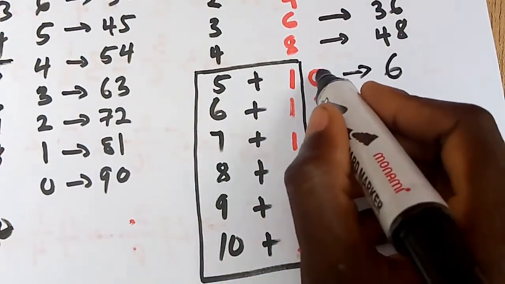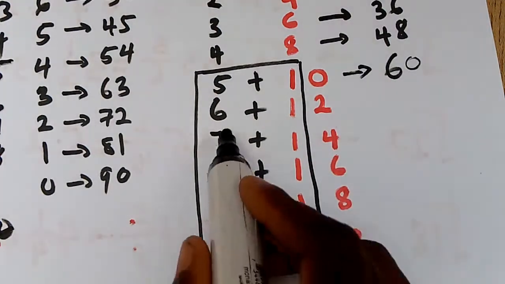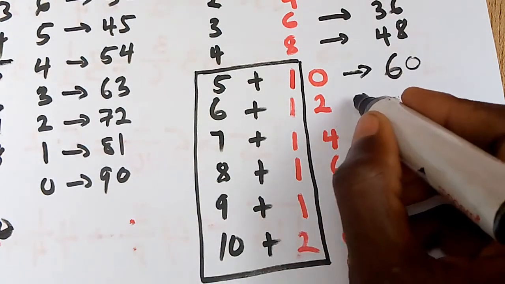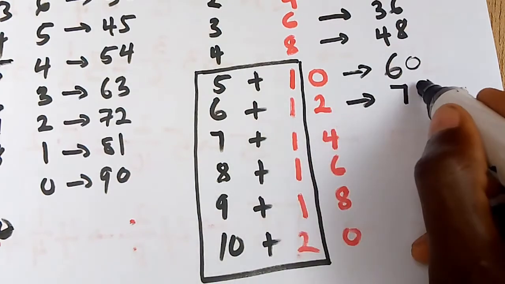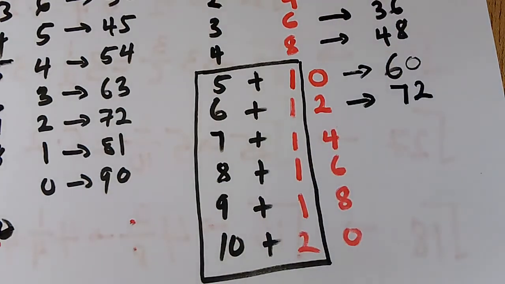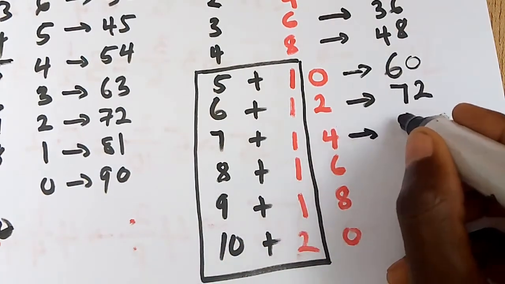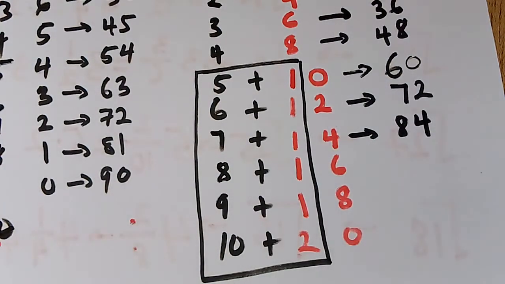So write a 6 here, and you add this 0 to it, making 60. 6 plus 1 is what? 7. So you write a 7 here, you add this 2, making 72. 7 plus 1 is 8. So write 8 here, you add a 4 here, making 84.